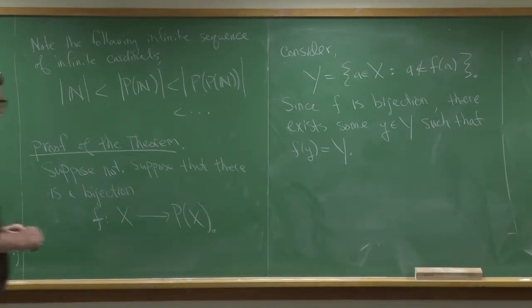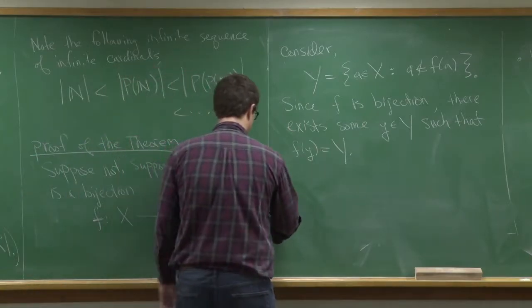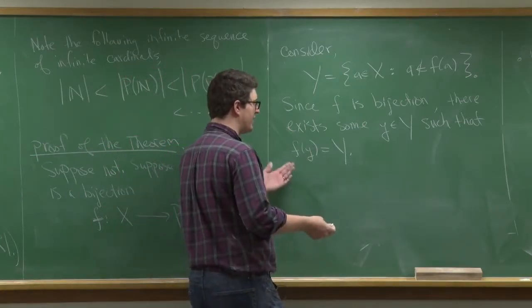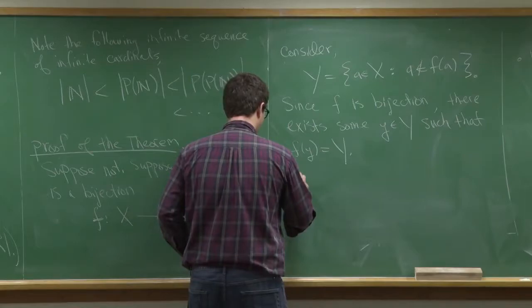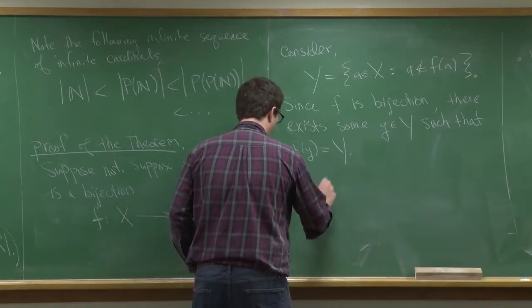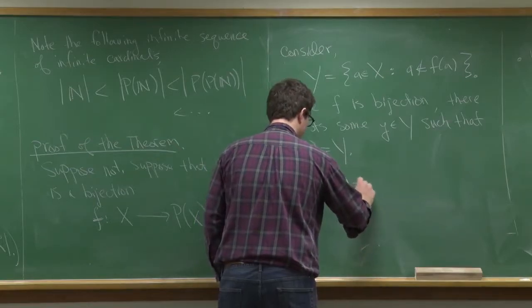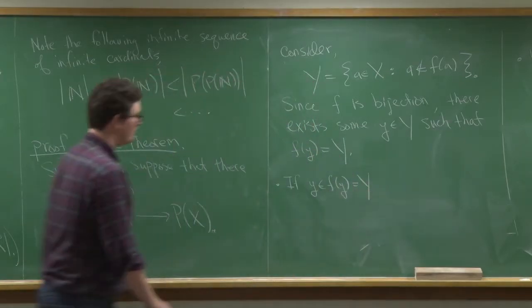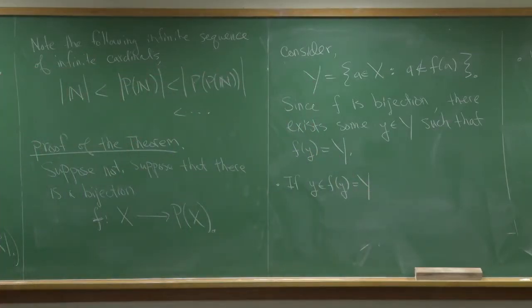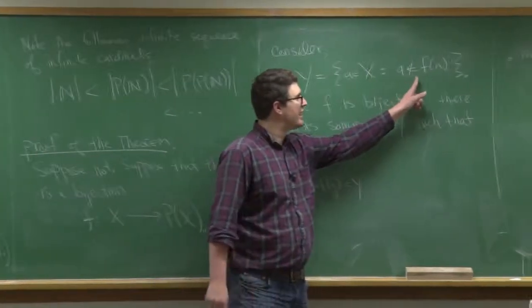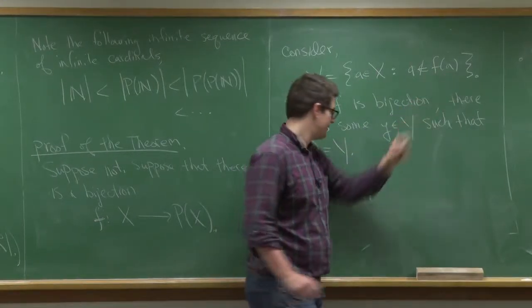Okay, so if y is an element of f of y, which is by definition Y, right? Well, Y is a set of a's such that a is not an element of f of a.